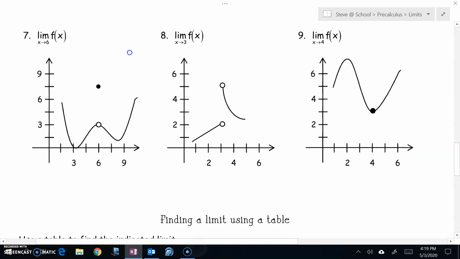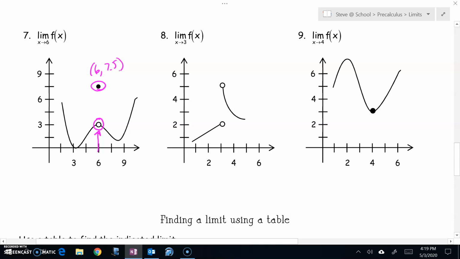So the limit as you approach 6. Well, here's 6 again. Now, here's 6, and here's also a point. Here's what I wanted to show you guys. The scale's weird for this one, but let's just say that's 7.5. Even though this point exists at 6, 7.5, that's not the limit.